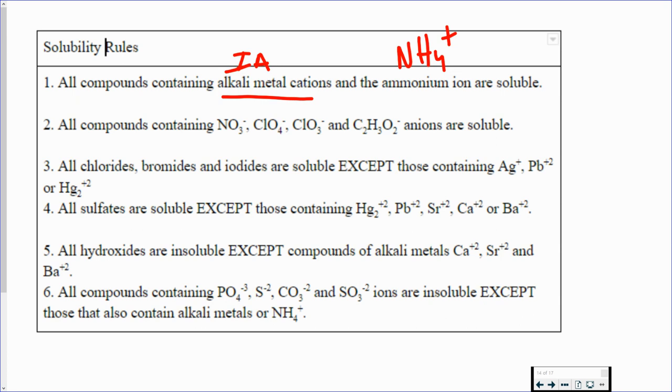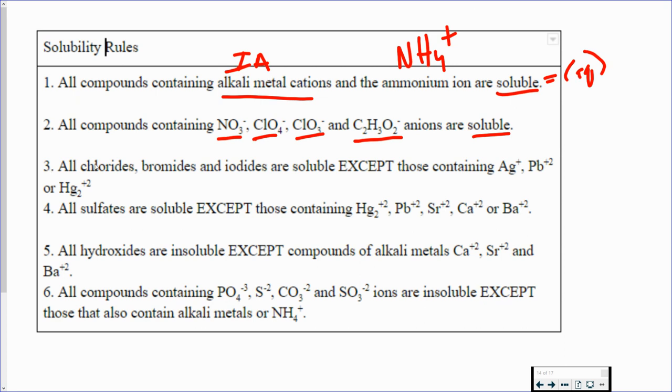Number 2, it says all compounds containing nitrate, perchlorate, chlorate, and acetate are also soluble. So any cation attached to those anions would then be soluble as well. The word soluble equals aqueous.